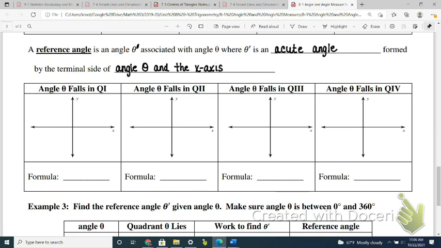But what I want you to ask yourself, as we do every single one of these questions, the only thing I want you to ask yourself when it comes to reference angles is, how far from the x-axis is it?